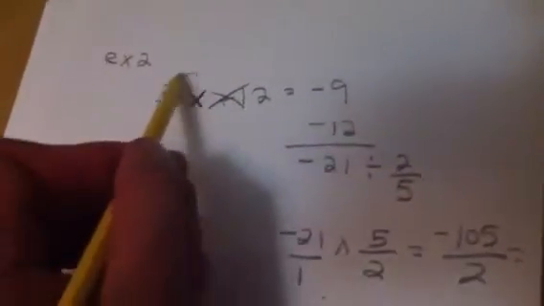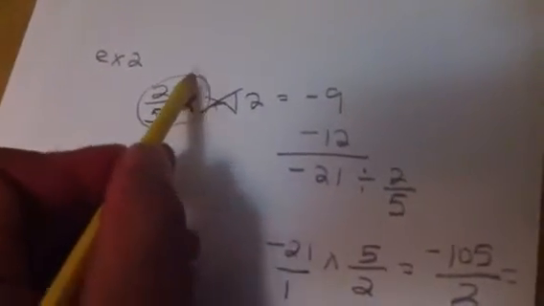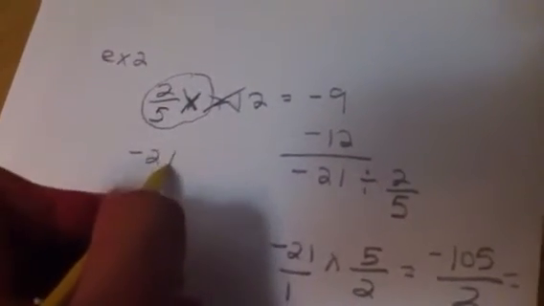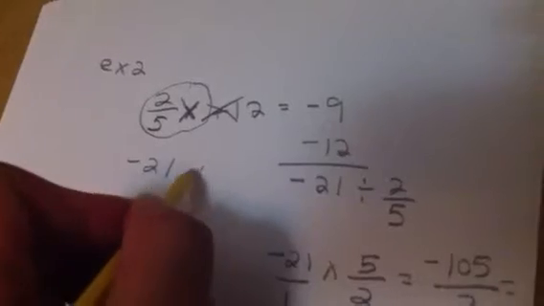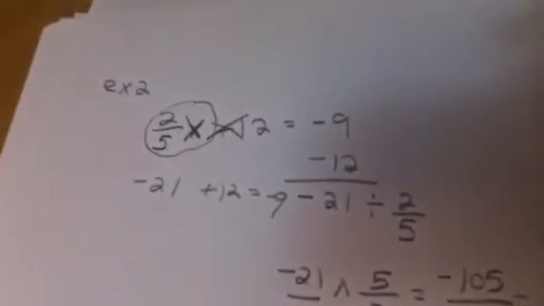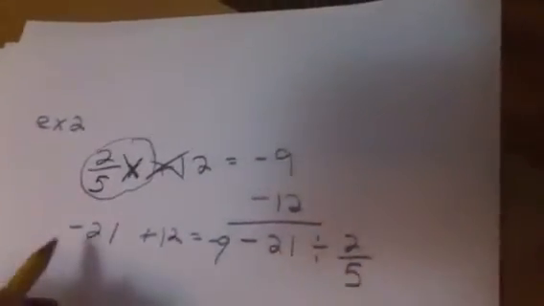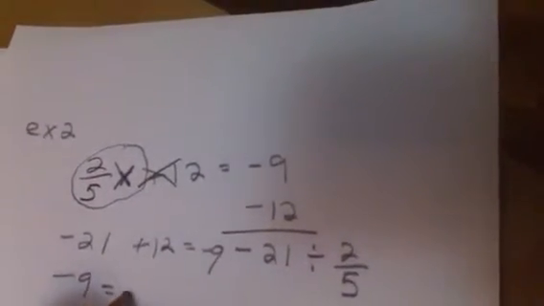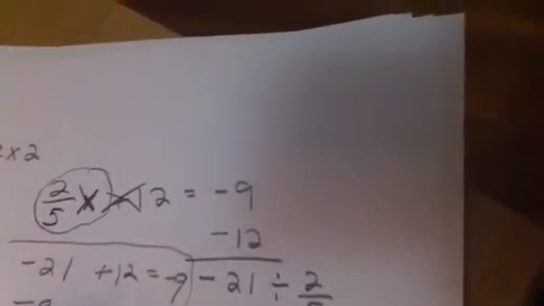So all of this is really negative 21, okay? And then plus 12 equals negative 9. Okay, now if you go ahead and do it, you're going to find out that negative 21 plus 12 is going to be negative 9 equals negative 9. This is all your check.